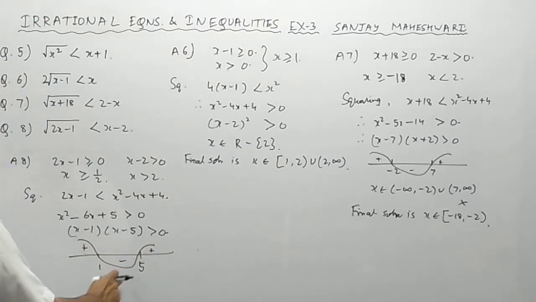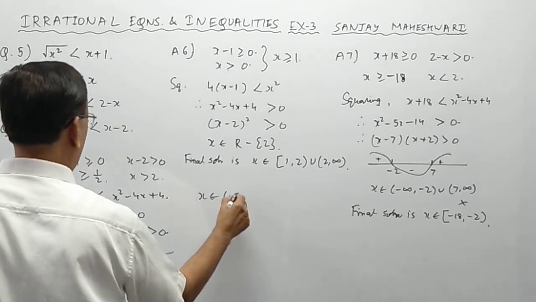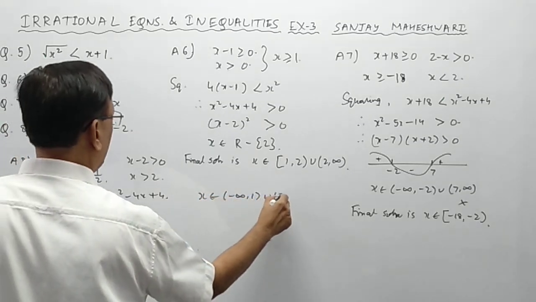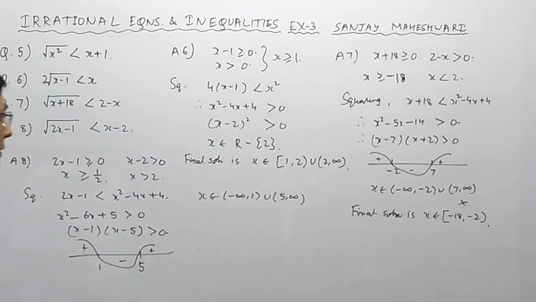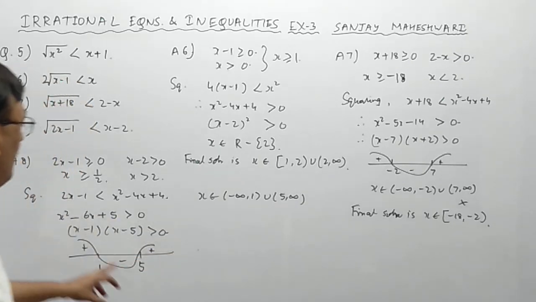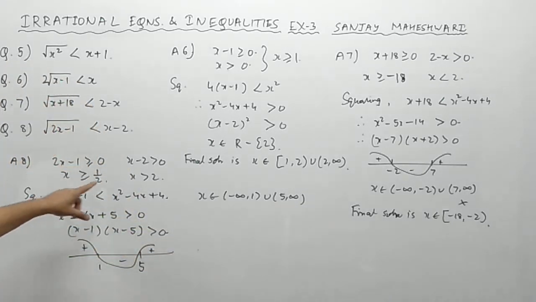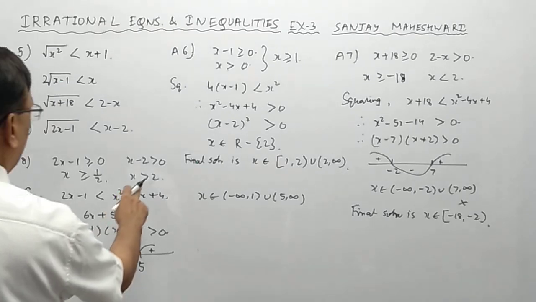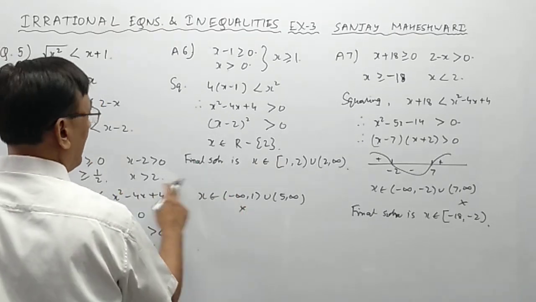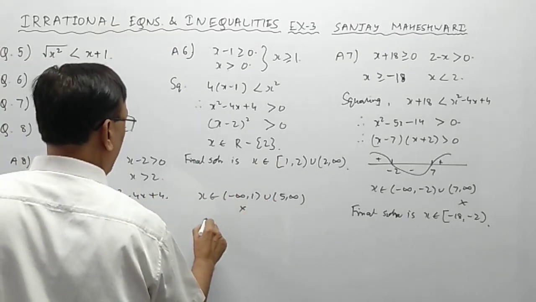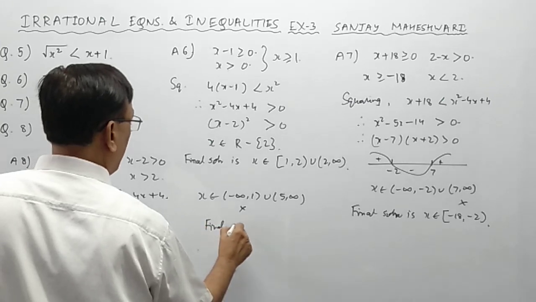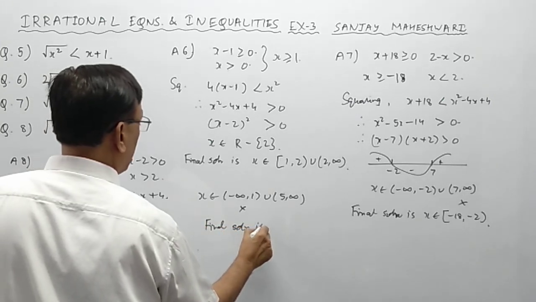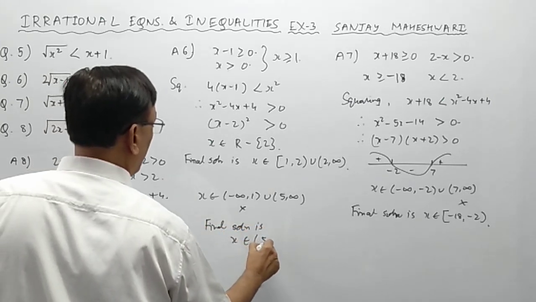So you can easily see x belongs to minus infinity to 1 union 5 to infinity. 1 and 5, these brackets will be open brackets. Now what is the condition? X should be greater than 2. So what do we find? We find that all this will be excluded, and here as final solution is x belongs to 5 to infinity.